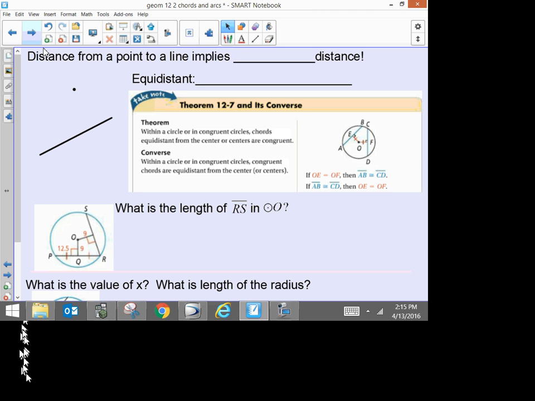Right here, distance from a point to a line. Here's a point, here's a line. Now, draw me the one line that would be called the distance. Here's my point, here's my line. Draw me the one line that would be considered the distance between those two things.